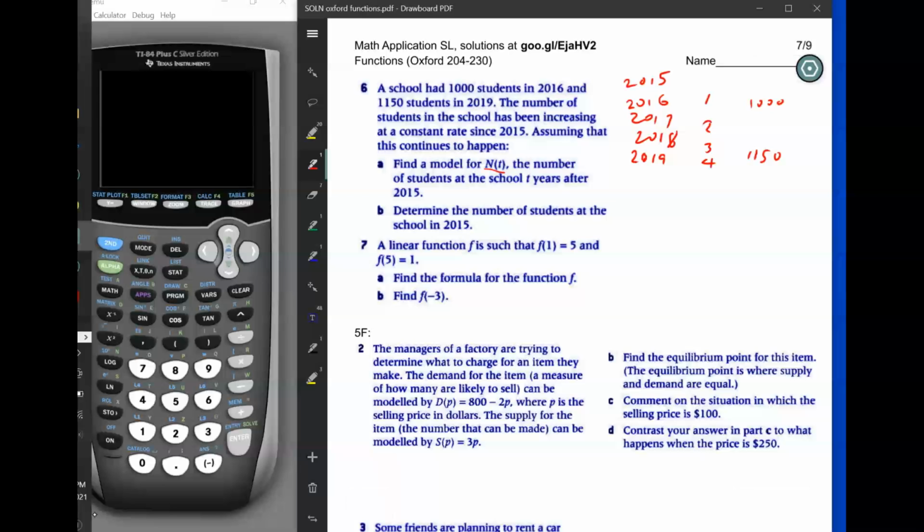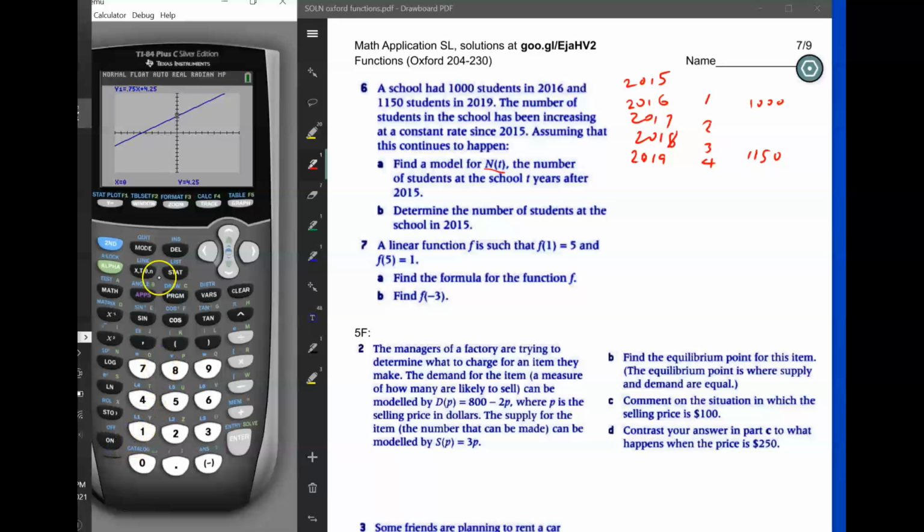So let's find the model. I think the easiest way to find the model is stat, calc, and reg, right? They gave us 2 points. Can't we find the equation of a line through those 2 points? They said it's linear, right? Constant rate of increase.